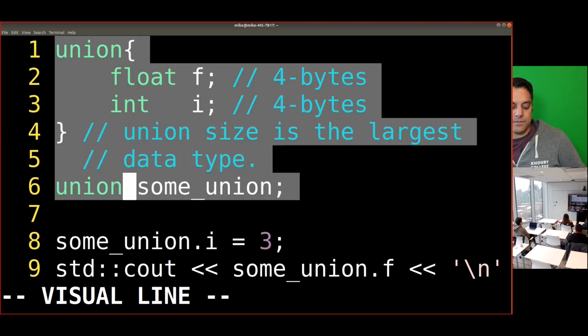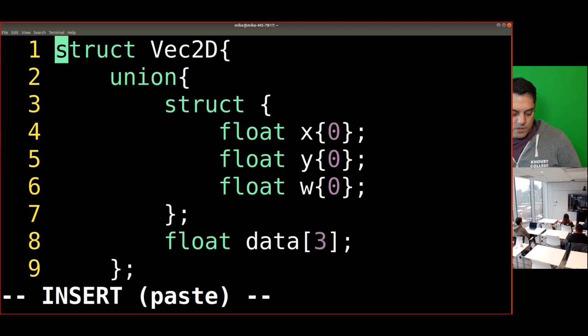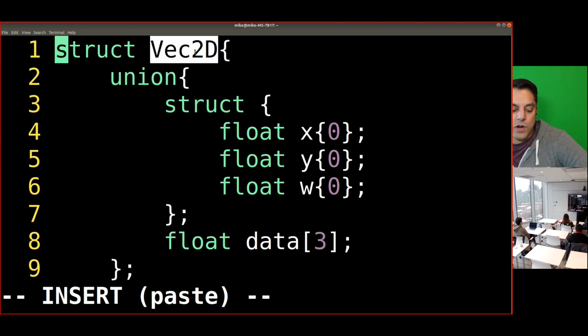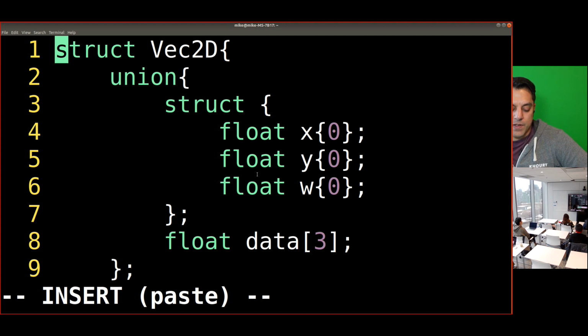All right, let me get rid of this and bring back our vec2, because that's the point here. For our vec2d, we know we want at least an x and a y, but sometimes it's convenient to be able to pass around an array.